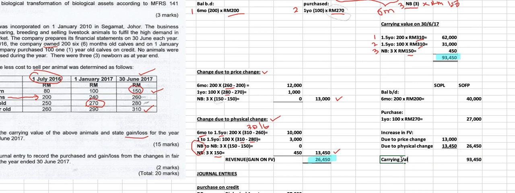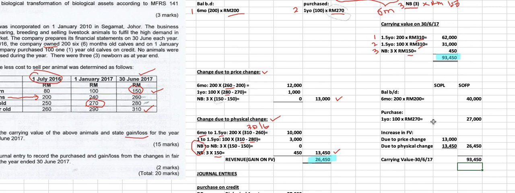So this is an alternative way for you to calculate the carrying value, 30th June 17. That is by calculating the balance BD plus the purchase cost and plus all the revenue here, and you get carrying value by not calculating this individually.